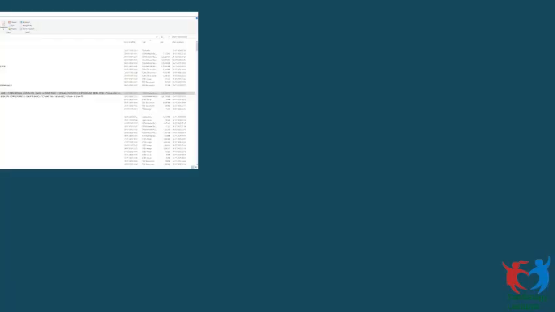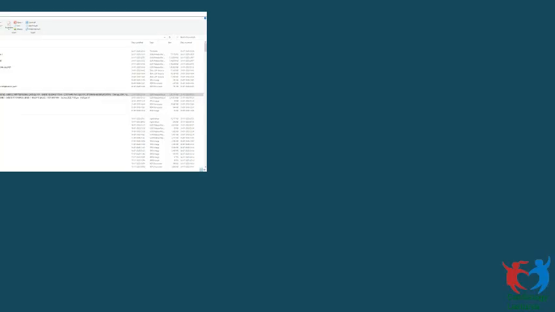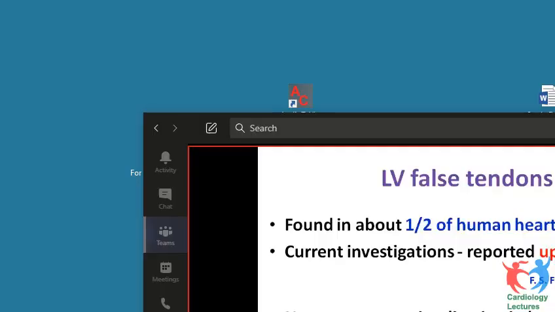So they are very common, huh? You are not seeing them in your echoes. No, they were reported in nearly 50% in autopsy studies, but current investigations like echo and MRI report up to 78%. Though there is no consensus on implication in heart disease, they seem to be associated with a lot of things like functional murmur, re-excitation, idiopathic VT.